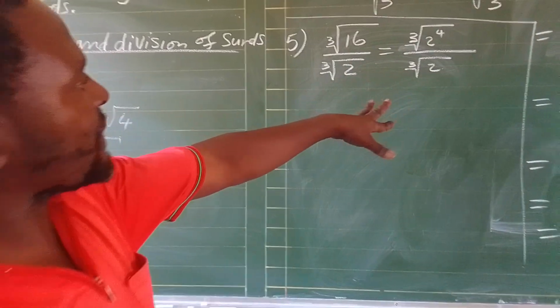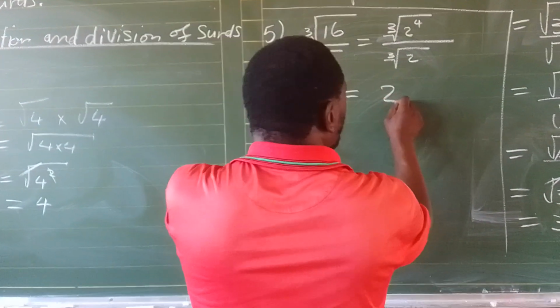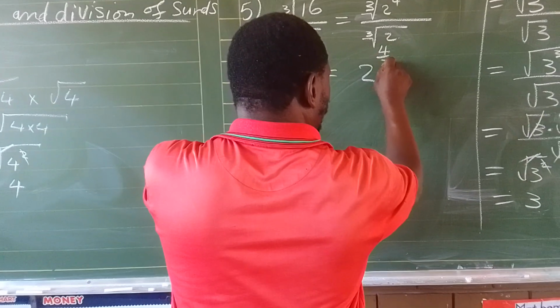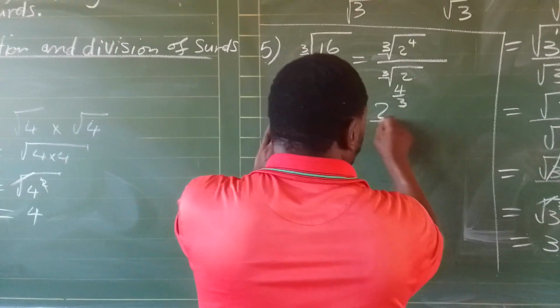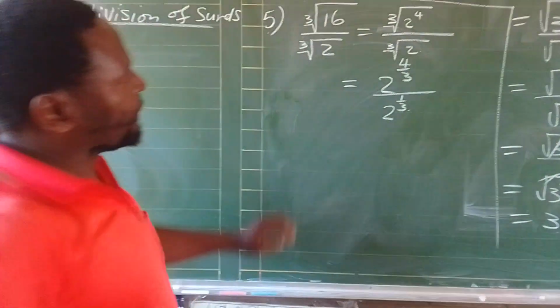What does that tell us? This tells us that we have 2 to the power of 4 over 3 divided by 2 to the power 1 over 3.